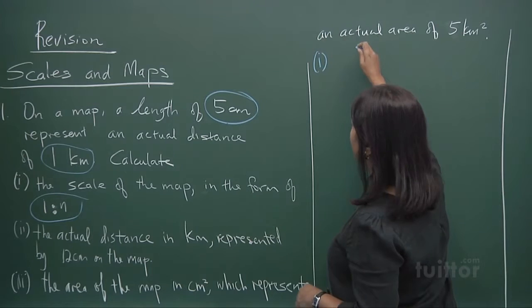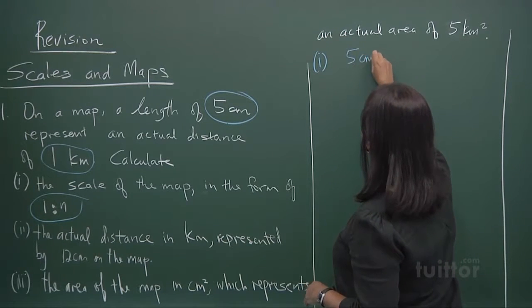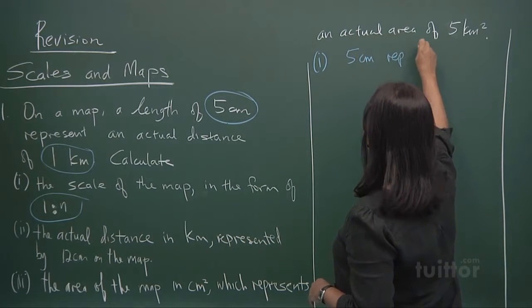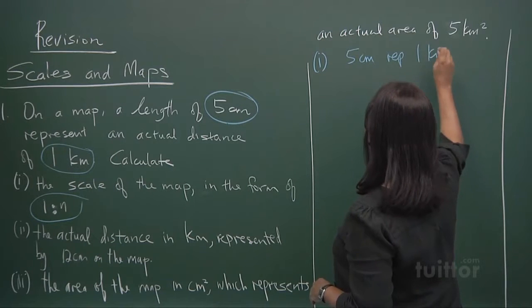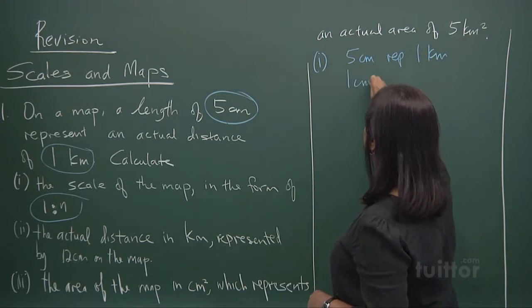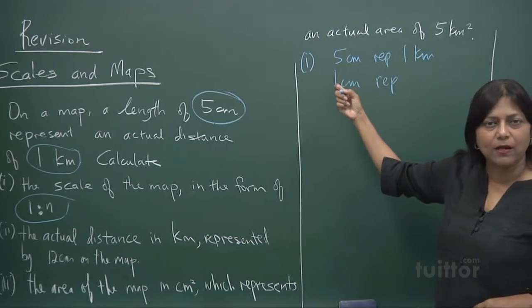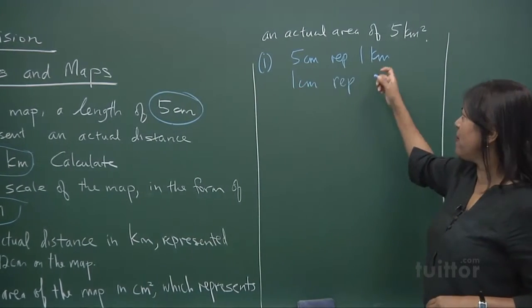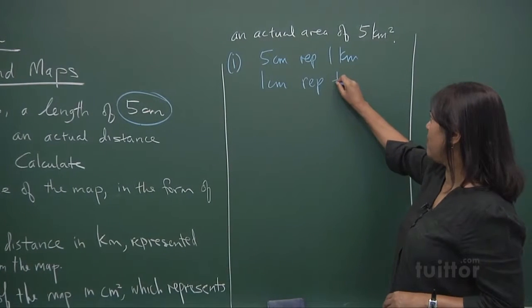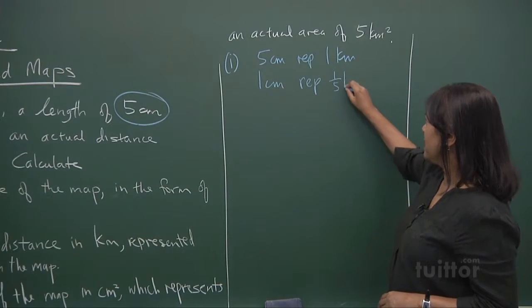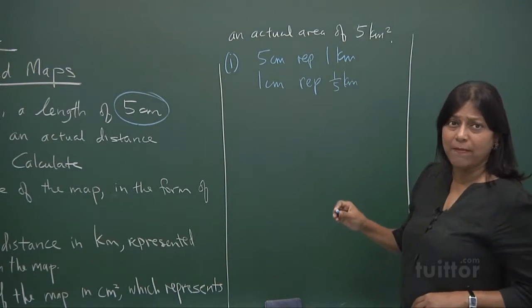Okay, now let's look. 5 cm represents 1 km. Alright, 1 cm will represent how much? 1/5 of a kilometer. 1 divided by 5, how much is that, if you can tell me? 0.2 km.